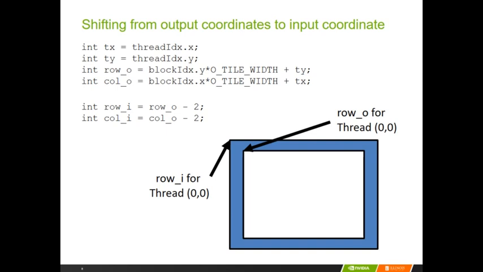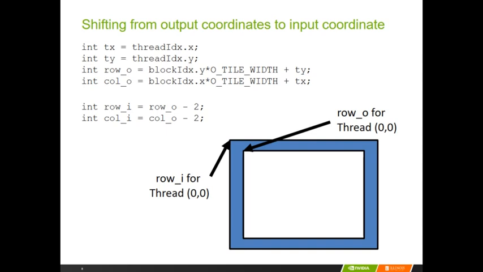For the output indices, we're going to calculate both row index and column index for each thread. And this is calculated by skipping over all the output elements covered by the previous thread blocks, and then adding the thread index into the index. So the number of output elements covered in the vertical direction by the previous thread blocks is blockIdx.y times the output tile width.